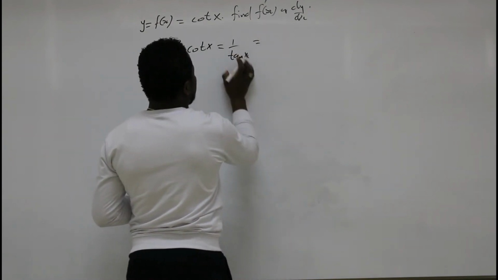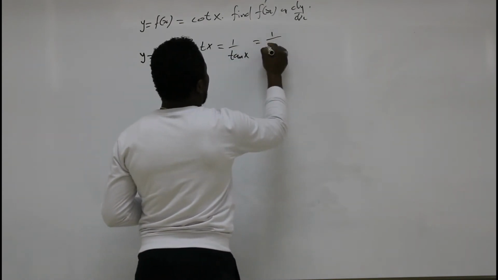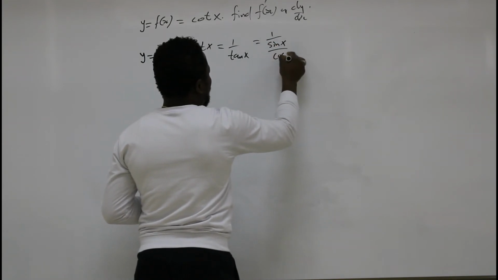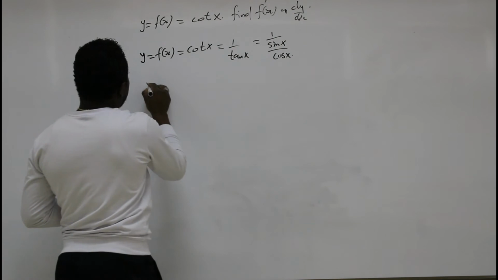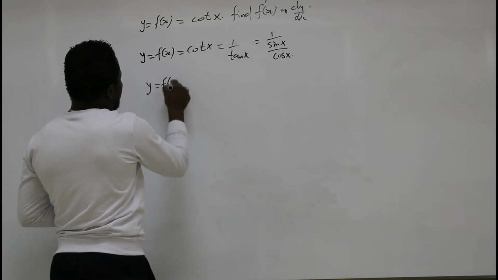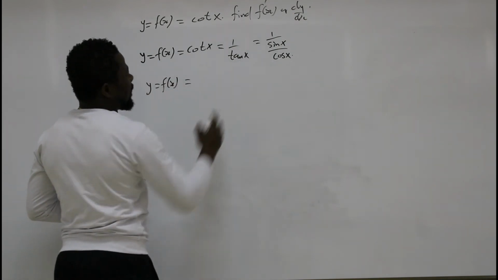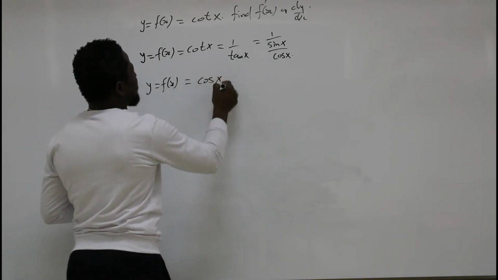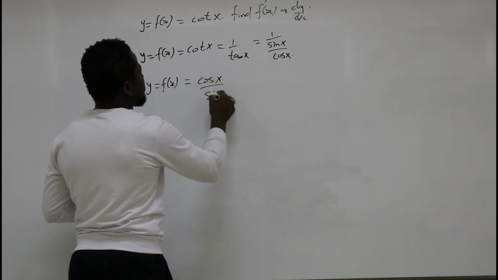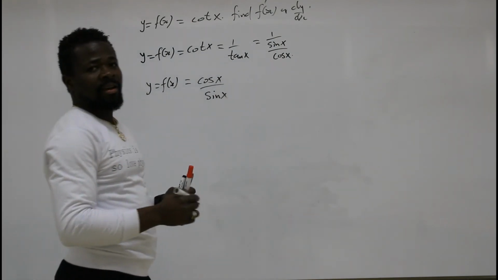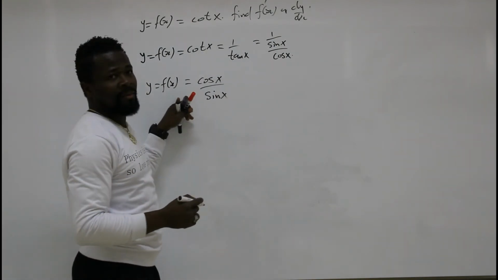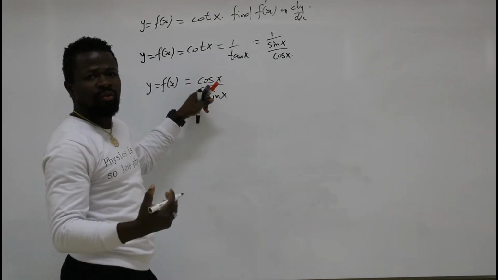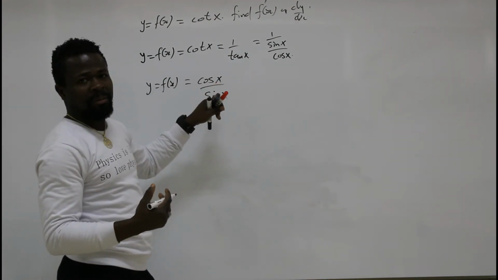So this can be transformed to become cos x divided by sine x. And again, once we are here, we can apply our quotient rule to solve this problem.